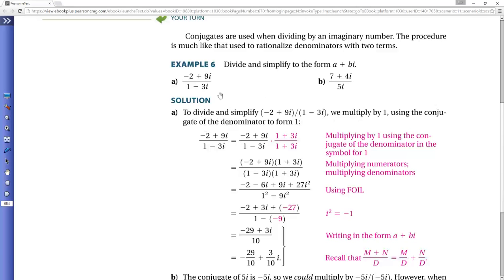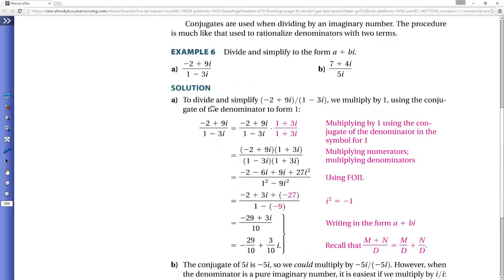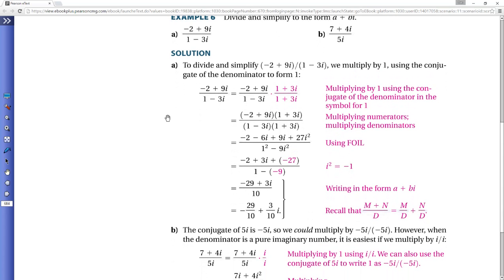Division is treated like a fraction, and we want to go through a couple steps here. To divide and simplify this division, we multiply by 1 using the conjugate of the denominator to form 1.